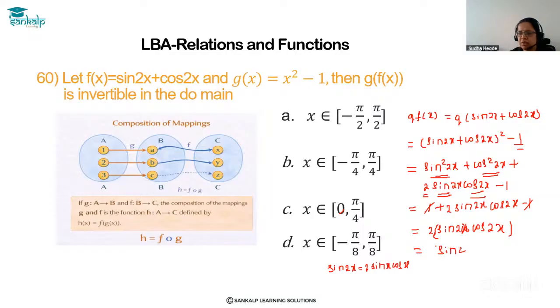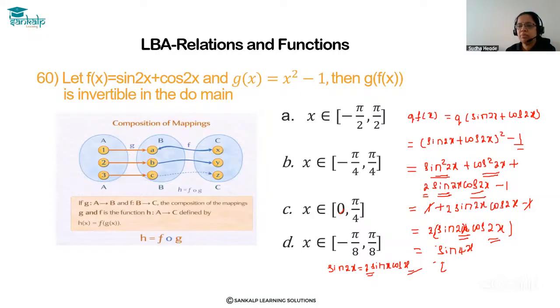Is it correct? 2 times, instead of sine x, you have sine 2x. Instead of cos x, you have cos 2x. So here, in place of x, you replace 2x. So it is sine 4x.